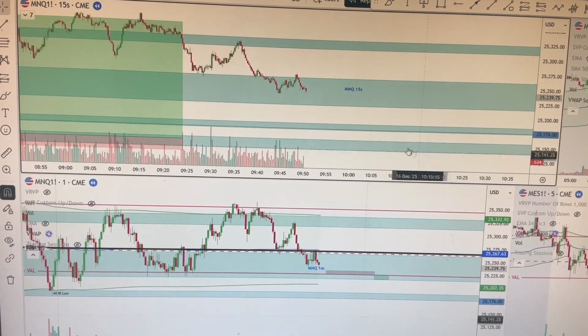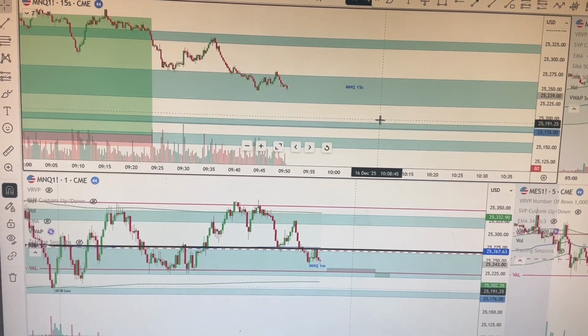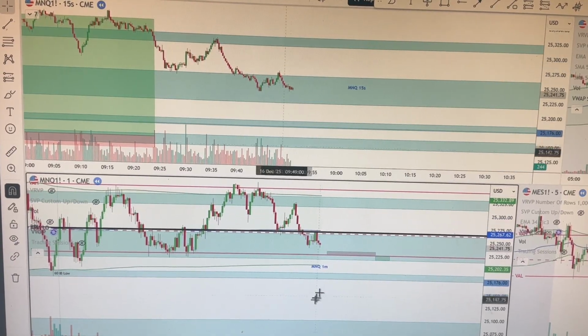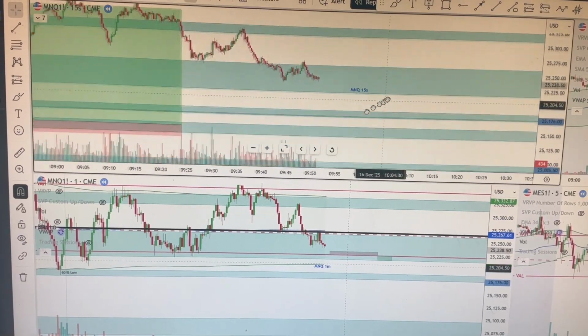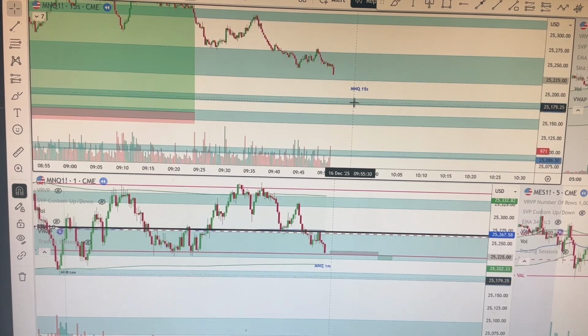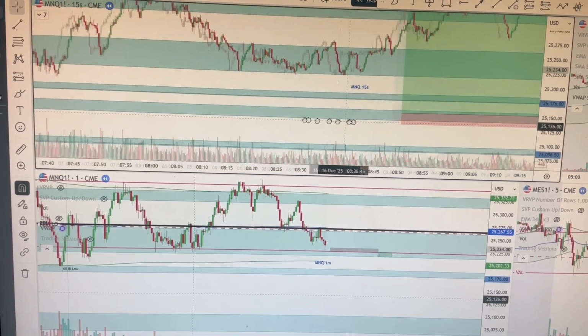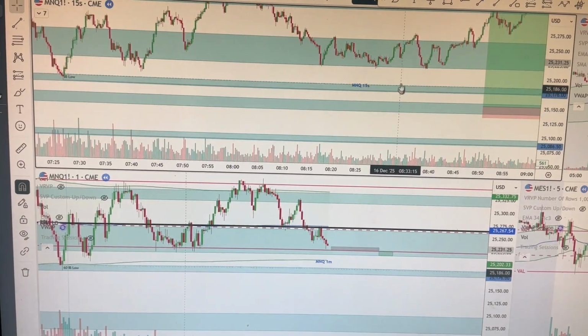This is the 15-second chart. Here's the IB low. Right there.